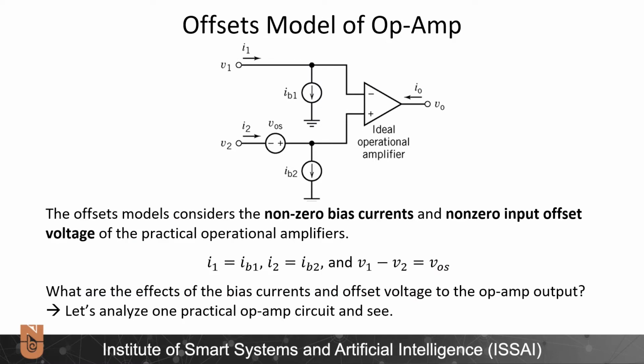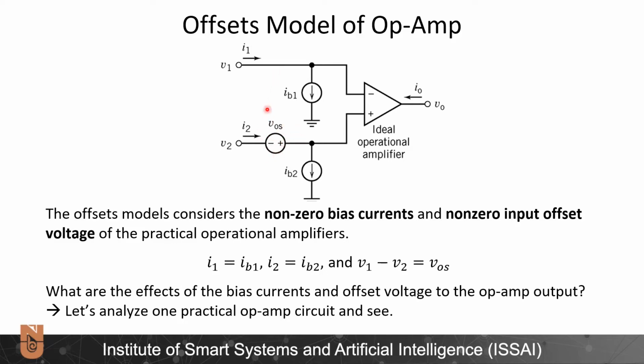Let us have a look at the offsets model of the operational amplifier. Normally, we assume I1 and I2 flowing into the input terminals of the operational amplifier is zero. However, this model assumes that there are non-zero bias currents IB1 and IB2 and also a non-zero input offset voltage VOS.